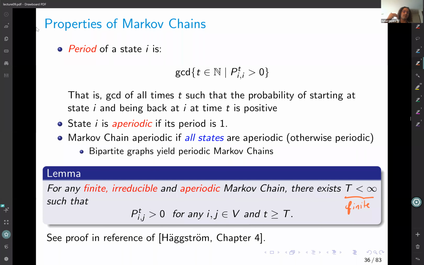The only thing we need is that the Markov chain is finite, irreducible, and aperiodic. If you want to see a proof of this, you should see the references to chapter 4; in this book, there's a reference to where the proof is.